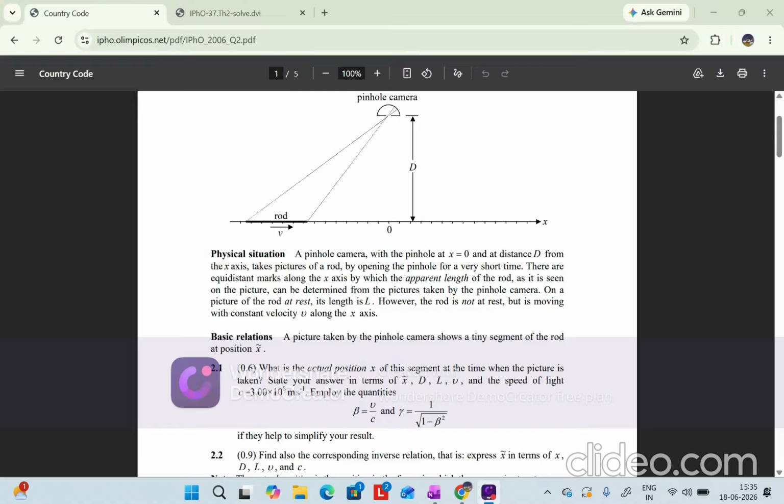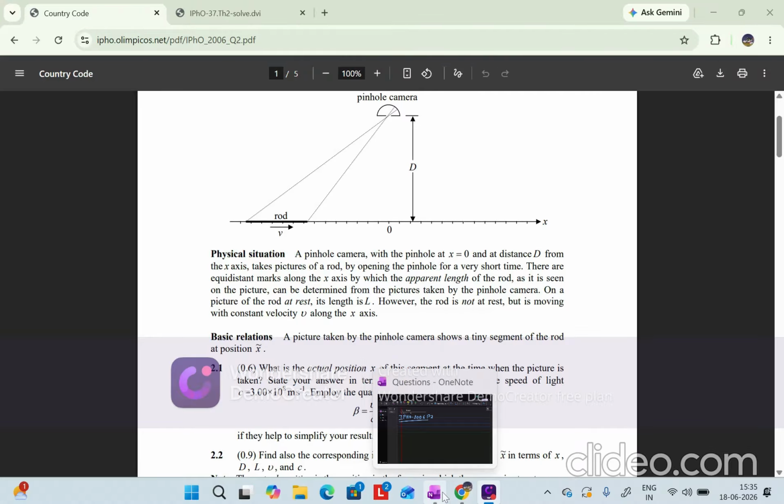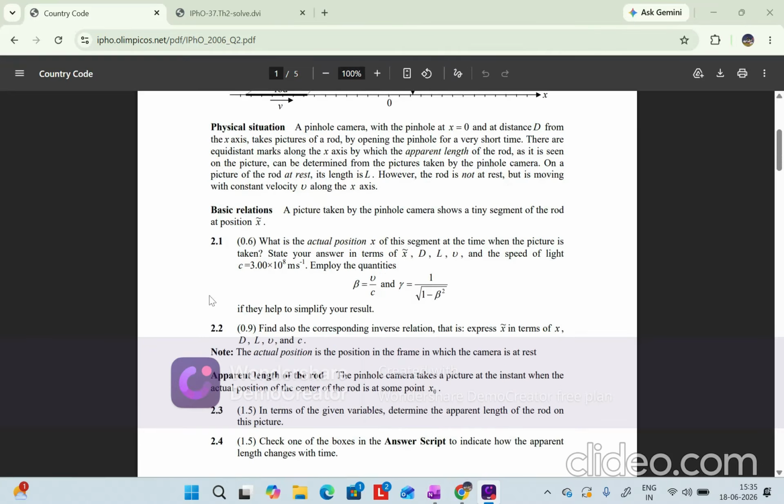The speed of light is c, and you can use the variables beta and gamma for convenience to simplify your result. This is my 2.1. Then 2.2 is to find the corresponding inverse relation, that is, express x tilde in terms of x, d, l, v and c. Note that the actual position is in the frame in which the camera is at rest. So the camera is at rest and we will find the actual position in that frame.